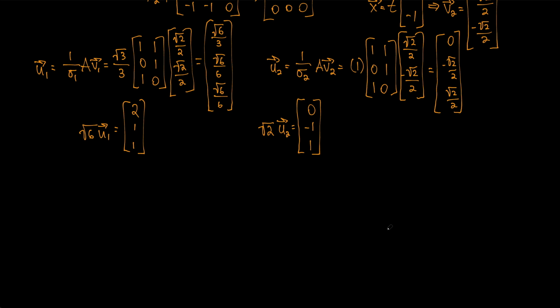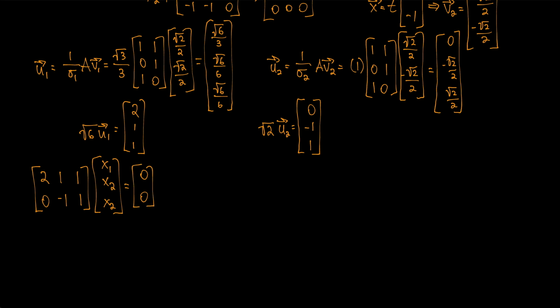So now we'll take 2, 1, 1, 0, minus 1, 1, times x1, x2, x3, and set that equal to 0 so that we can solve for x.